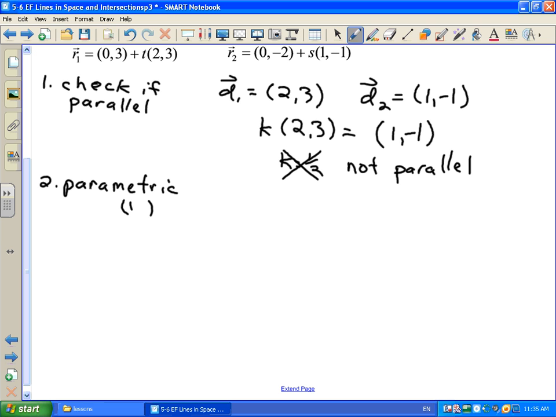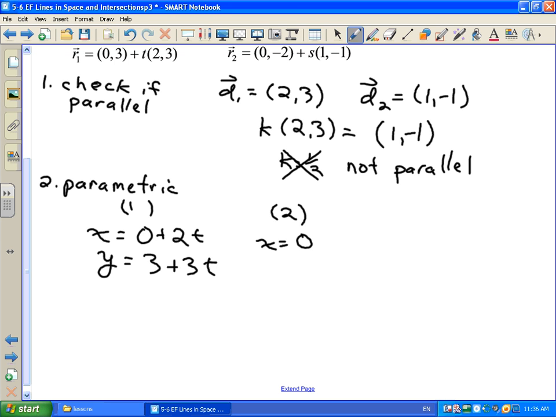So for R1 here, our parametric equations are x equals 0 plus 2t, y equals 3 plus 3t. And for our second line, our x is going to be 0 plus 1s. So x equals 0 plus 1s. Our y is going to be negative 2 minus 1s.